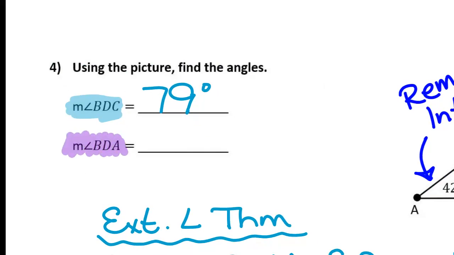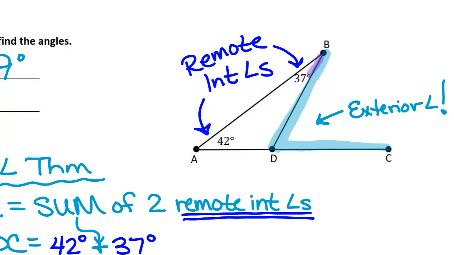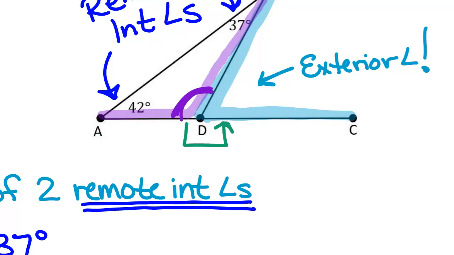This angle, angle BDA. That's this one right here. What do we know about these two angles? What do we call that special angle pair? What do we call angles that are side by side that together form a straight line? A linear pair. And linear pair angles always add up to 180.